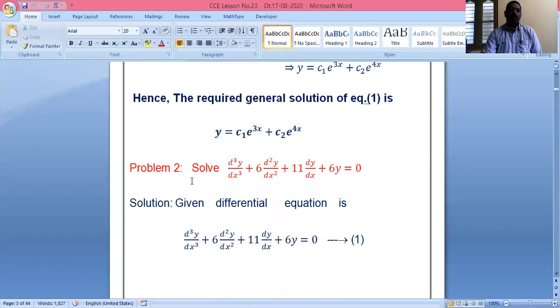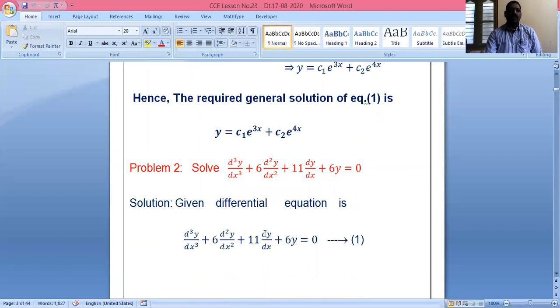Now, problem 2. Solve d cube y by dx cube plus 6 d square y by dx square plus 11 dy by dx plus 6y is equal to 0.